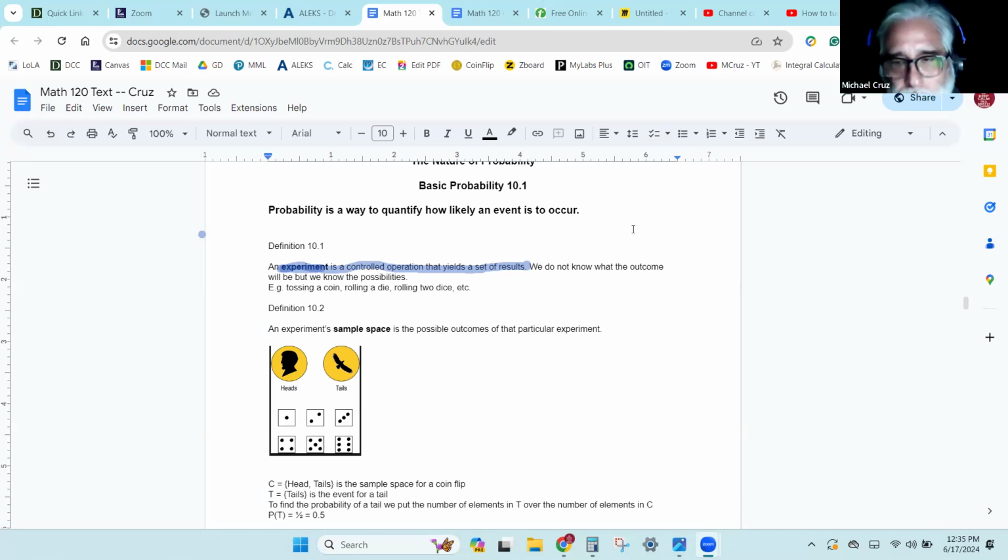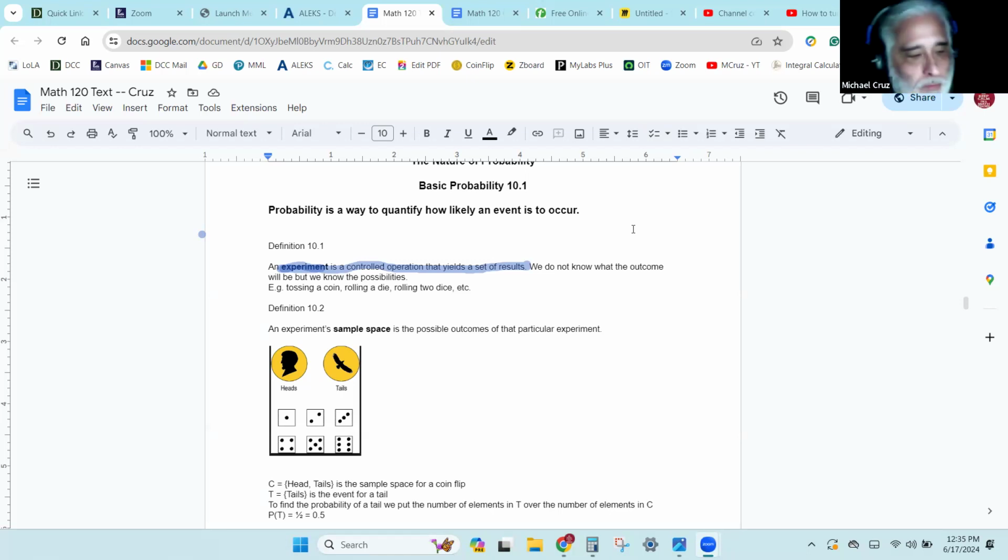Tossing a coin, rolling a die, rolling two dice. There's any number of experiments that can be had, but we're going to do this, and then the sample space is the total number of things that can happen as a result of doing this experiment. So if we flip a coin, there's two sides to that coin. There's a head and there's a tail.